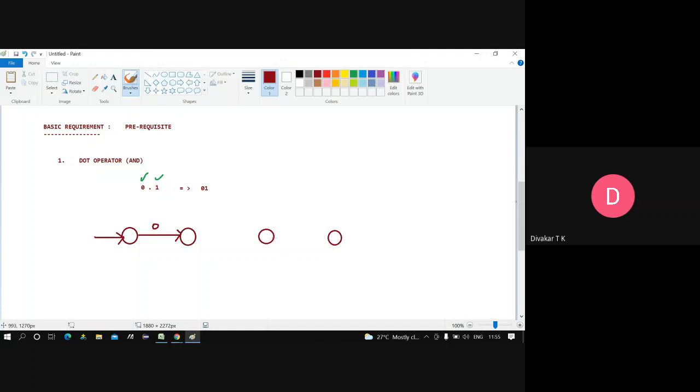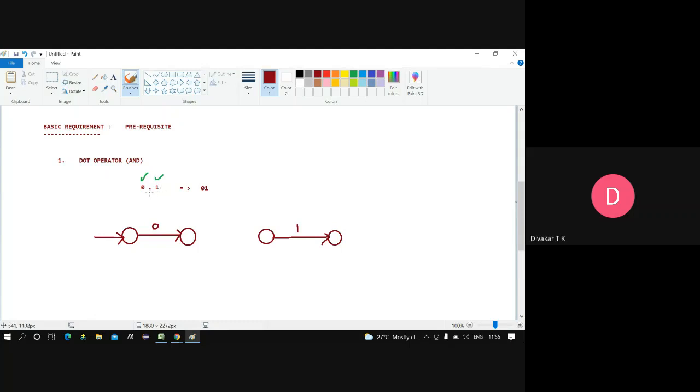From one state to another state, which symbol are we carrying here? One. Zero and one. Understood? Got the clarity? There is a zero symbol, there is a one symbol. So we are done with this. Zero is done, and one is also done.